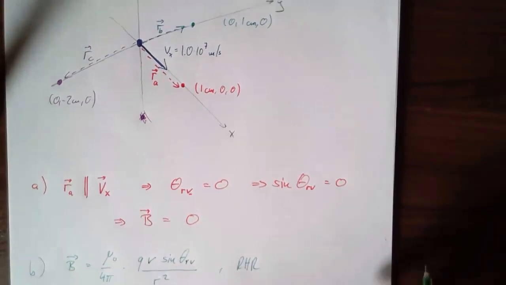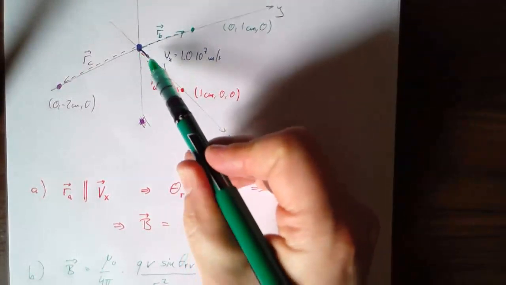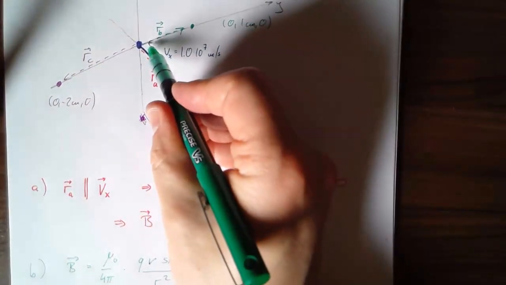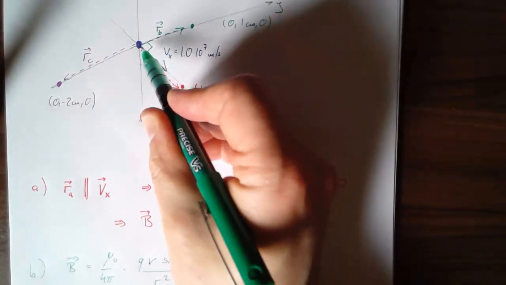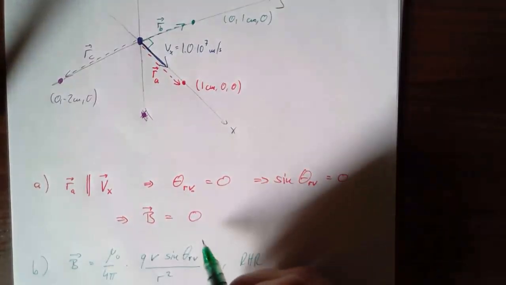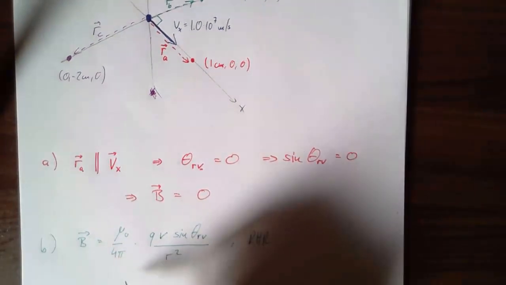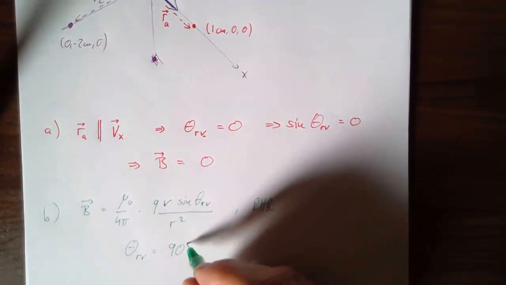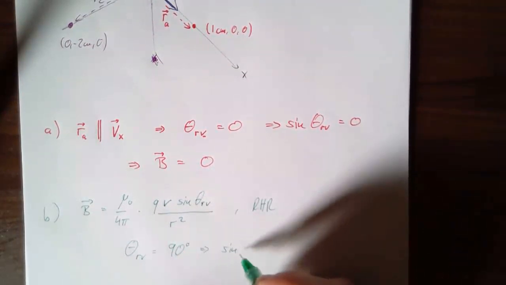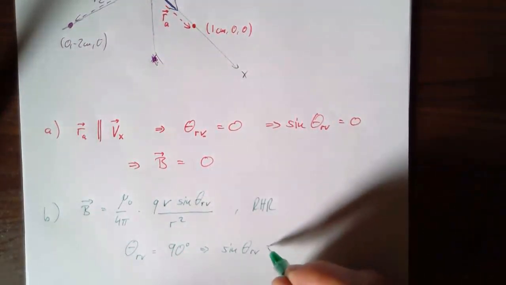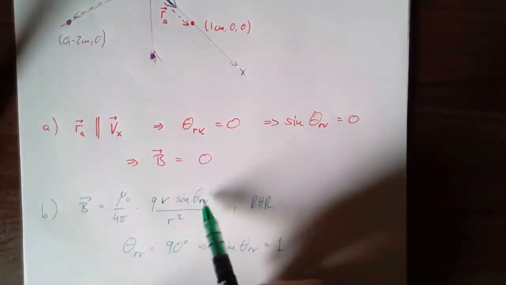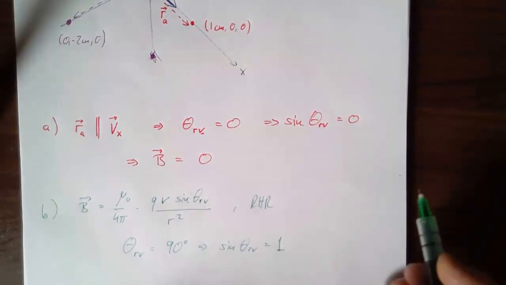Because this is along the x-axis, this is along the y-axis, the angle between the direction of the velocity and the displacement is 90 degrees. So theta RV is 90 degrees, so the sine of theta RV is just 1. So this is 1, and the rest is just plug in.